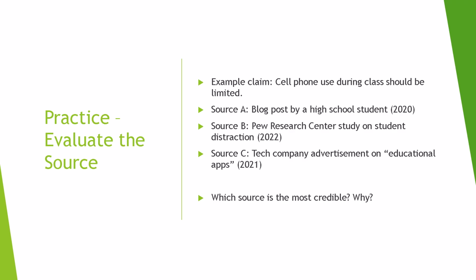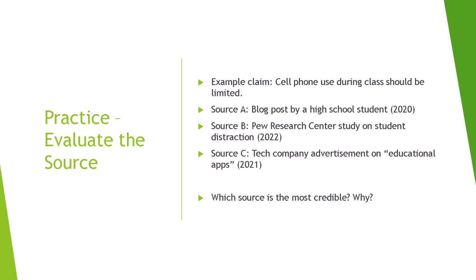So let's apply our credibility tests. The example claim is cell phone use during class should be limited. We have 3 possible sources here. Source A is a 2020 blog post by a high school student. This might be relatable, but it's going to lack authority or research. Source B is a 2022 Pew Research Center study on student distraction.